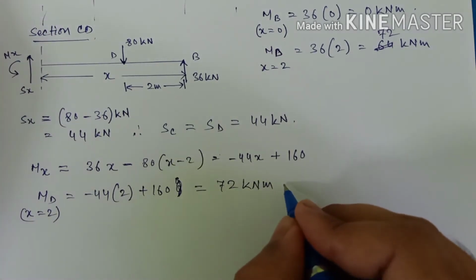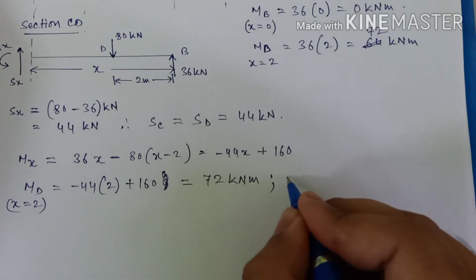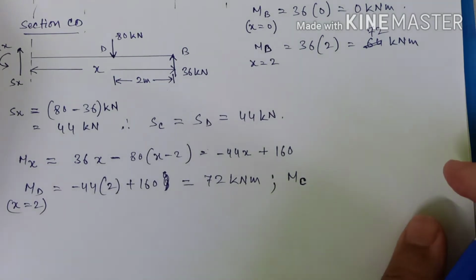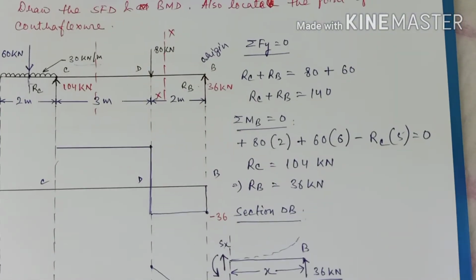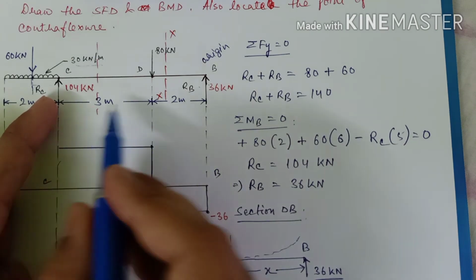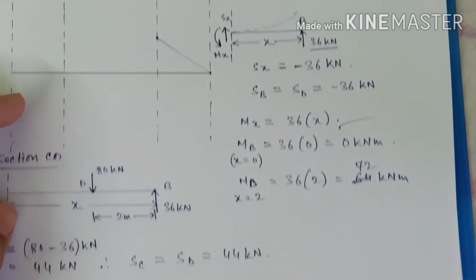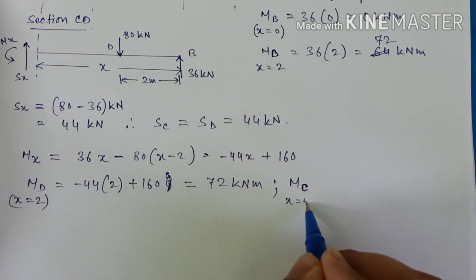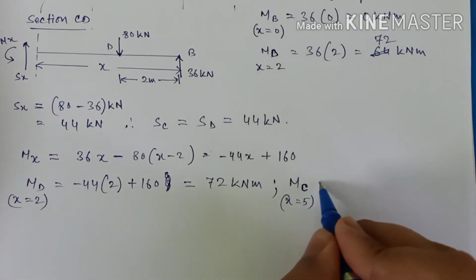On the other hand, if you try to calculate the value of bending moment at C, the point C basically will be at a distance of 2 plus 3, that is 5 from the origin. So here you have to put x equals 5.